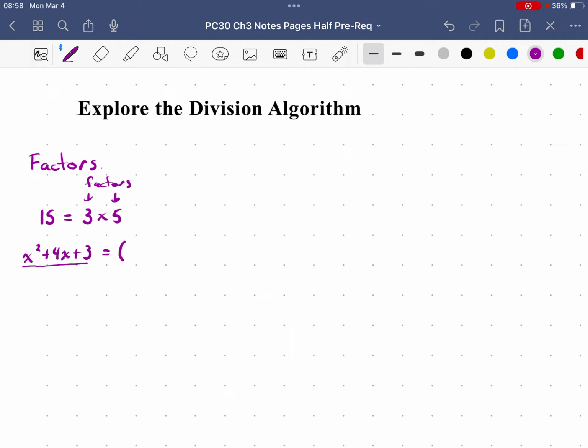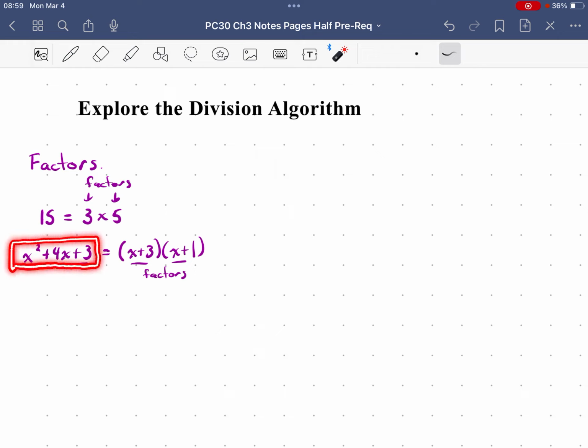If you remember sum and product factoring, it's going to be x plus 3 times x plus 1. This and this, these are factors. So in this section, we are concerned about determining the factors of polynomial functions. We've already looked at how to find the factors of degree 2 or quadratic polynomials.